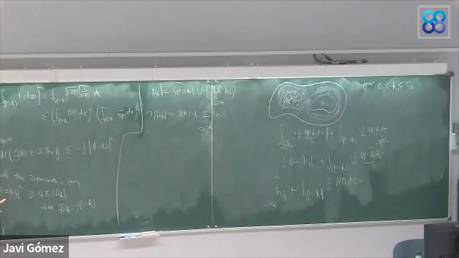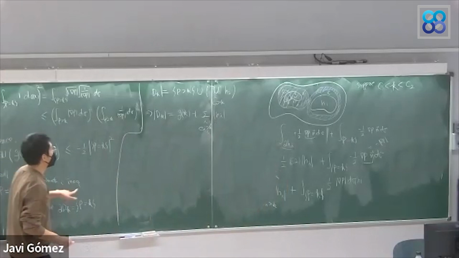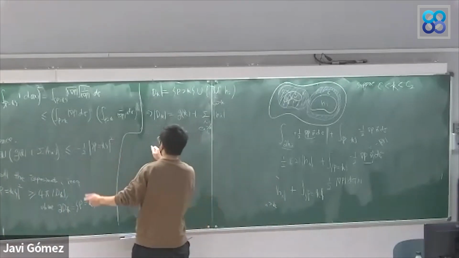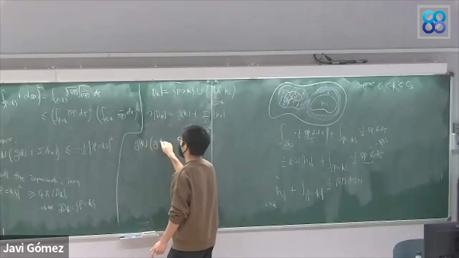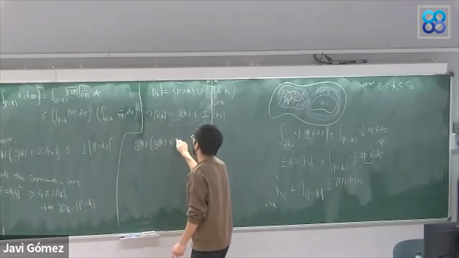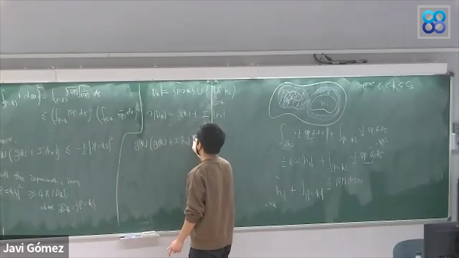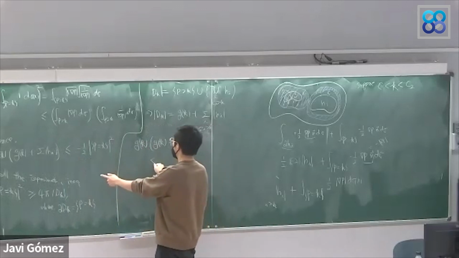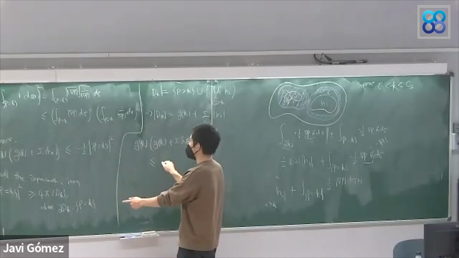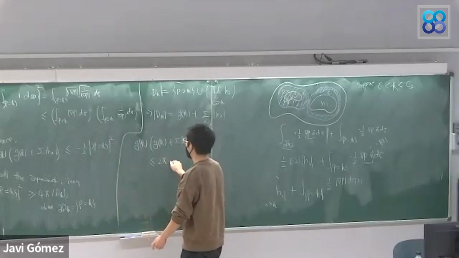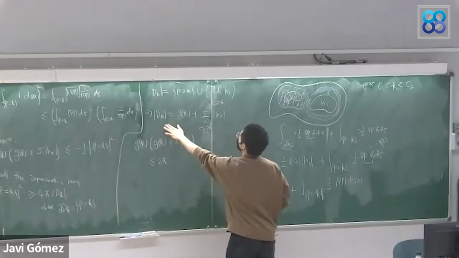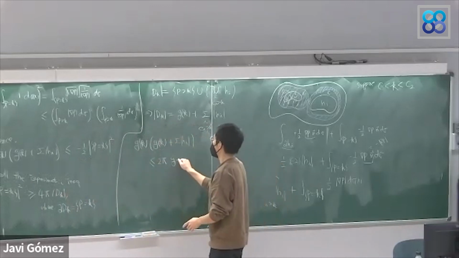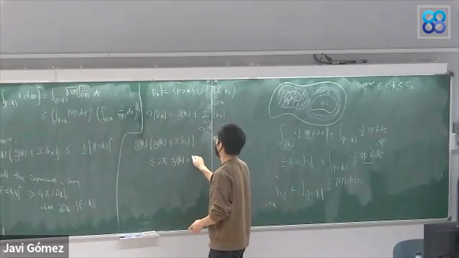So where are we? We have this, and we have this. Therefore, g(k) plus the sum of h is always less than or equal to 2 pi times the area of D, where the area of D is exactly g(k) plus the summation of h.